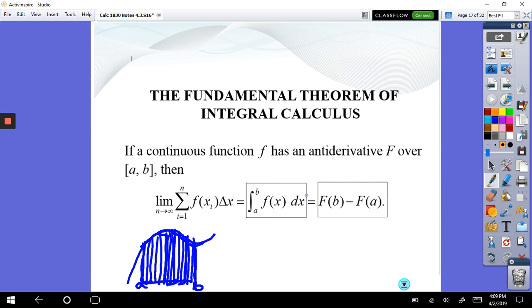So that essentially is the fundamental theorem of calculus. It just tells us that on any interval from a to b, you can find the area under the curve by finding the integral or the antiderivative of f of x from a to b, and that's it.